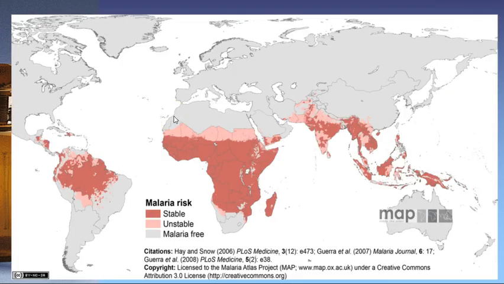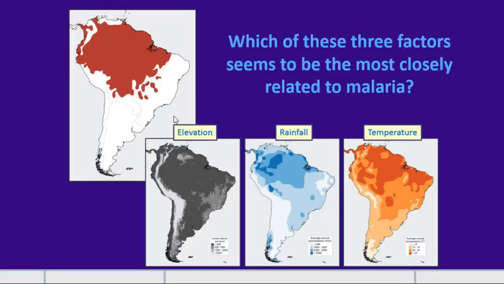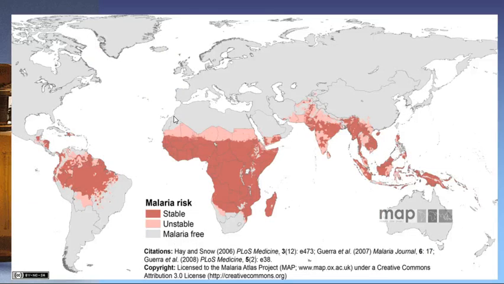And then when you start looking at the actual risk for malaria, it is a really distinctive pattern. So when we start thinking about that pattern, which of the three factors, elevation, rainfall, or temperature, seems to be the most closely related to malaria? Well, looking at this, equatorial regions, all hot, right?